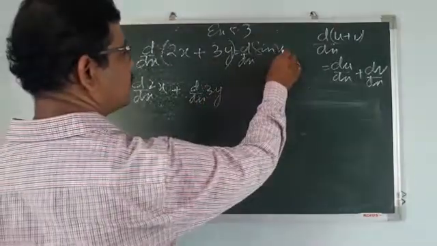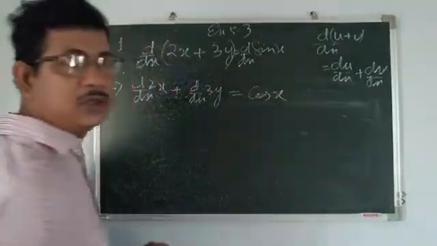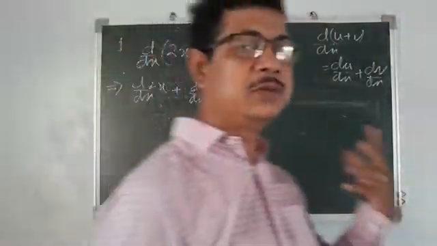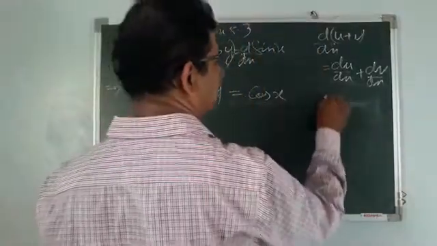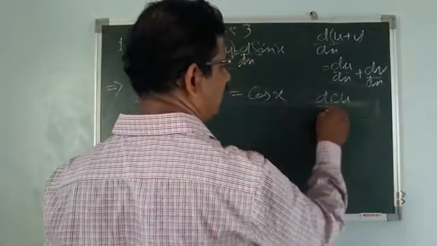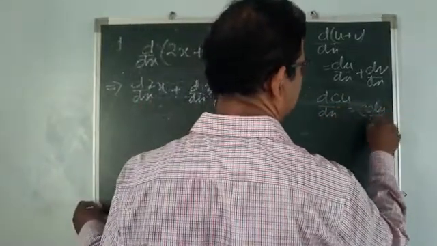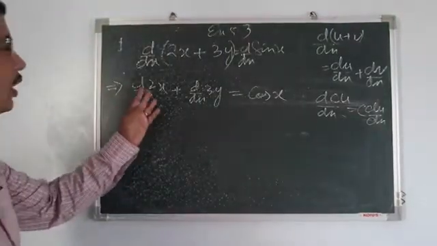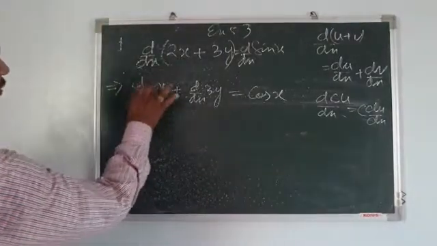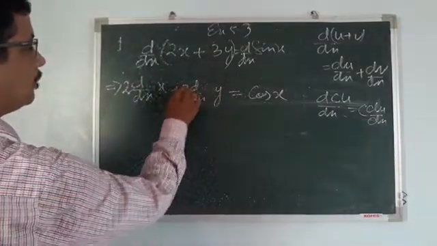And the differentiation of sin x with respect to x, the formula is cos x. I have already given this formula, and I think you have definitely learned it. Then another thing: a constant multiplied by a term of x, the constant will come out of the differentiation. Here also 2 will come out, it will be 2 dx. 3 will come out, it will be 3 dy.